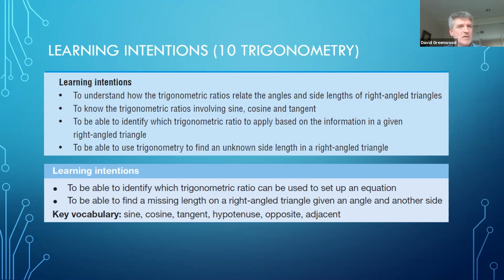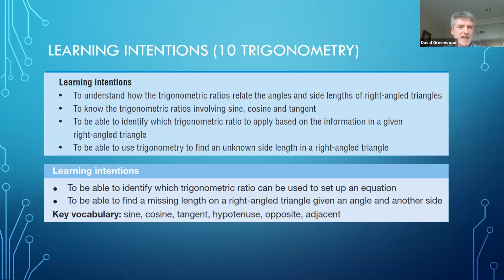The language used with these learning intentions starts with "to know," "to understand," or "to be able to." And that's consistent across every single lesson for Core as well as Essential. You can see with those examples that language is being used.